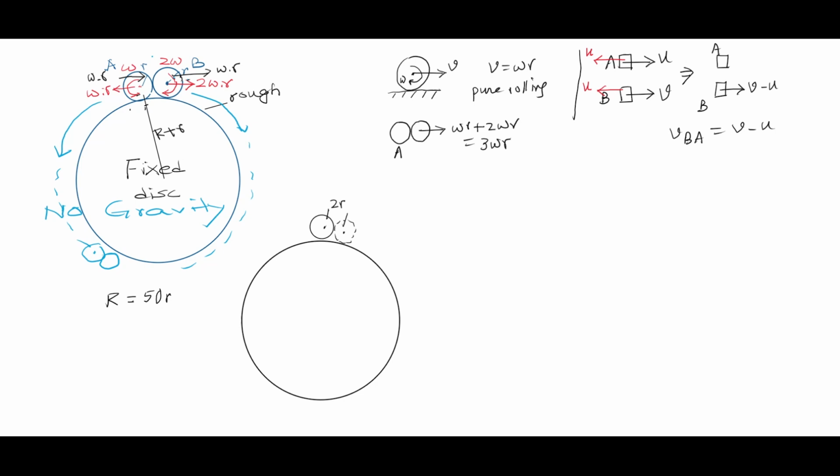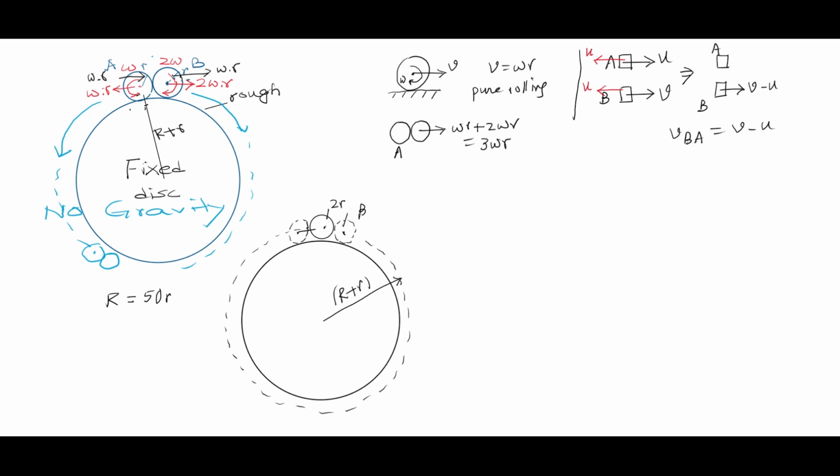Now B will travel along the circumference of a circle. The center of mass of B will move along the circumference of a circle of radius r plus r, and finally B will come to this place. B will be here.